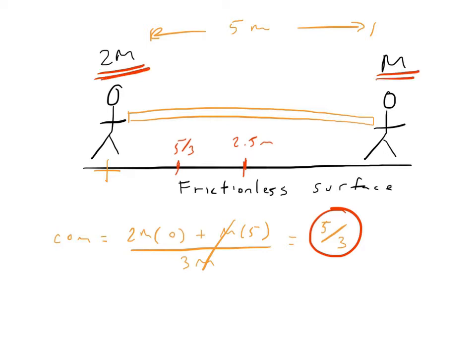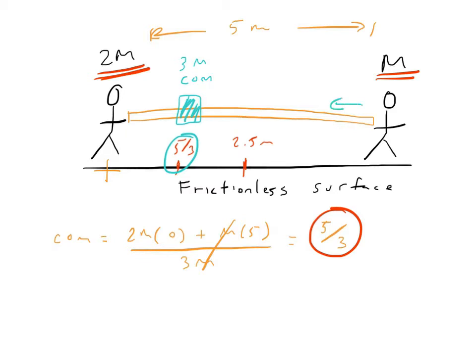Okay, so here's our center of mass, and let's notate that with a little box. We could treat the two different people as just one person right in here, and the center of mass is right there, and we could treat the system as having a mass of 3m.